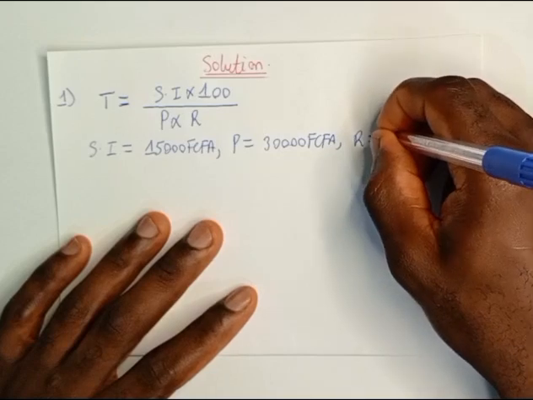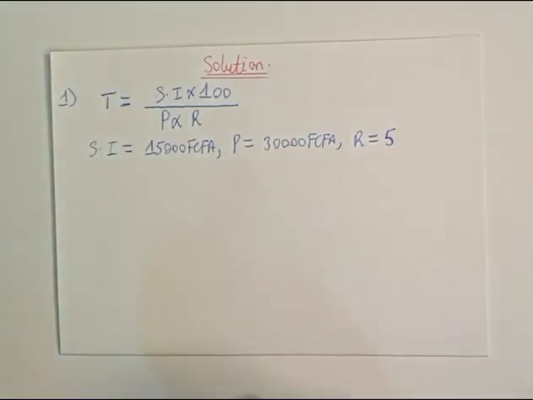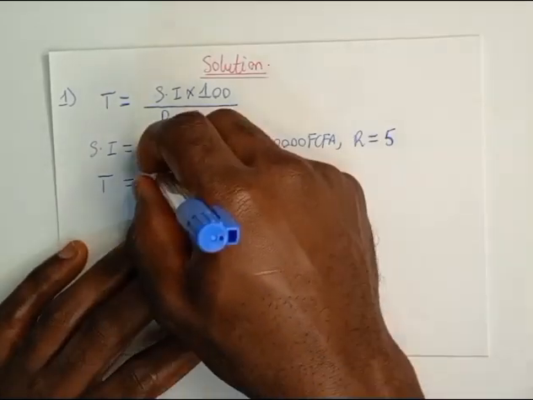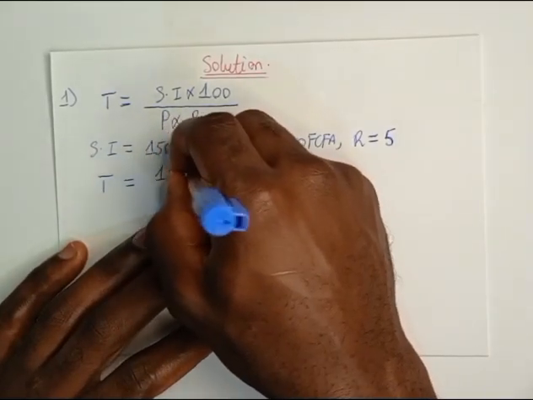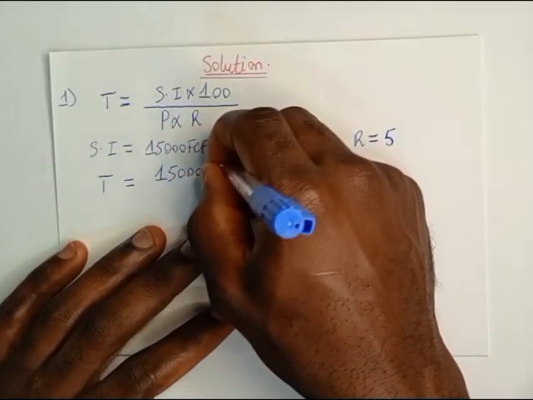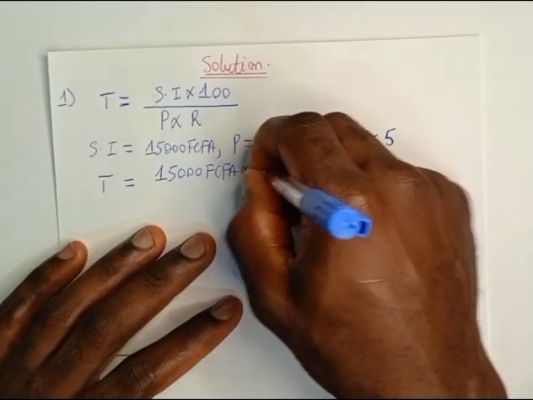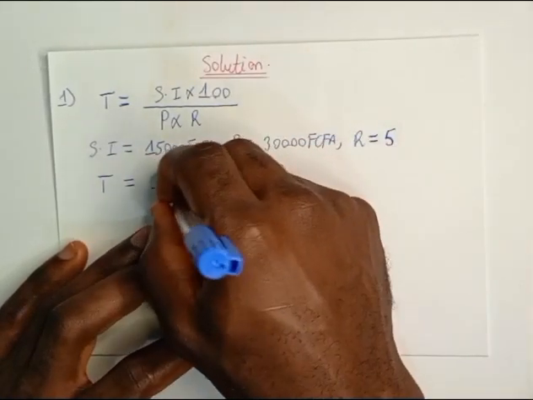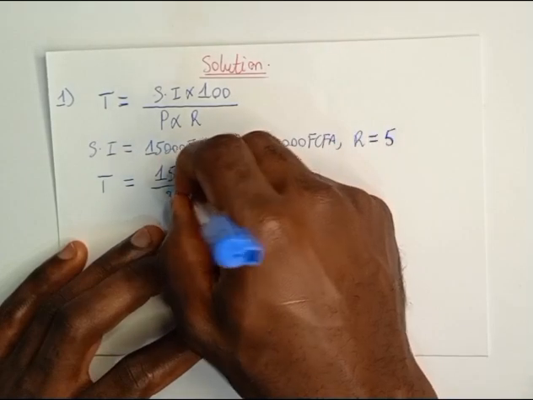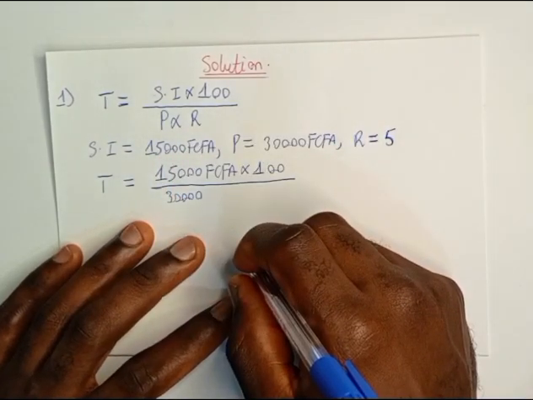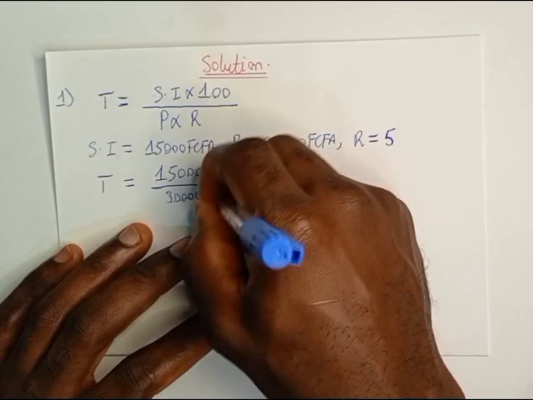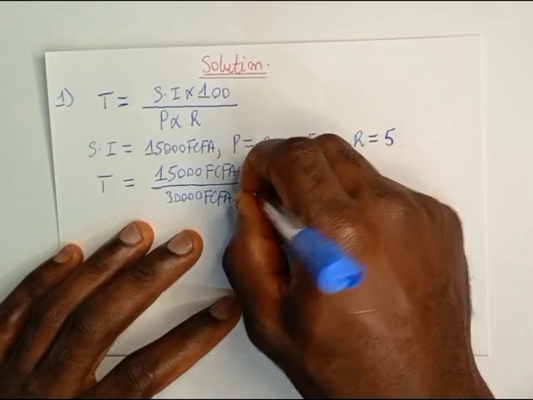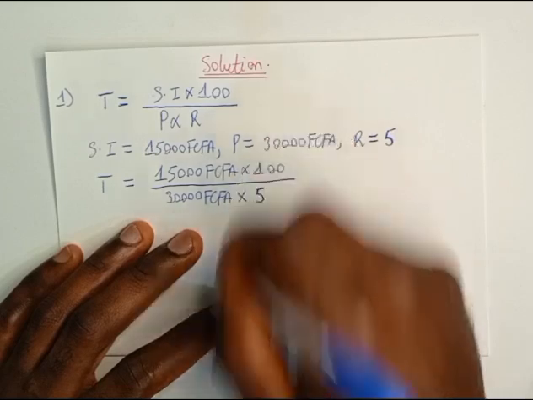So our value of R here will simply be 5. For us to get the time, we are simply going to insert values. We have 15,000 francs CFA times 100. We divide by 30,000 francs CFA times the rate, which is 5.